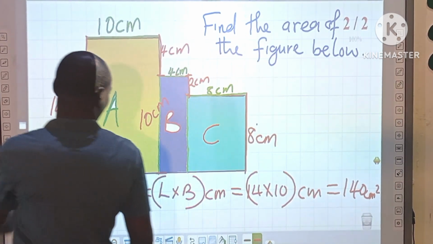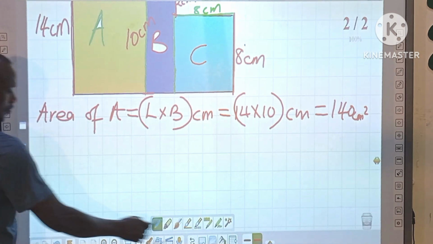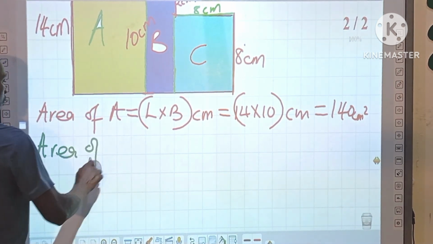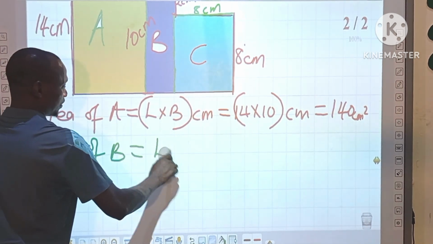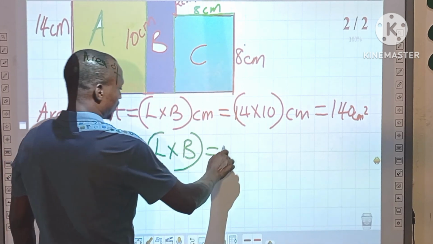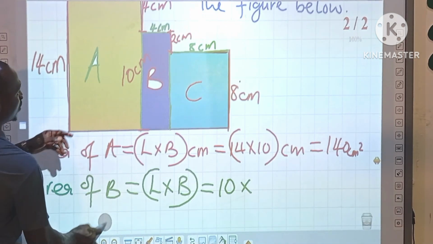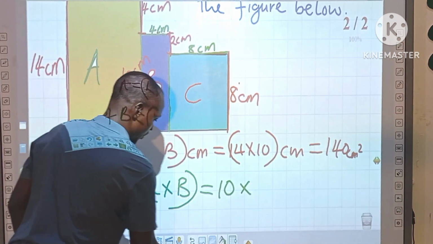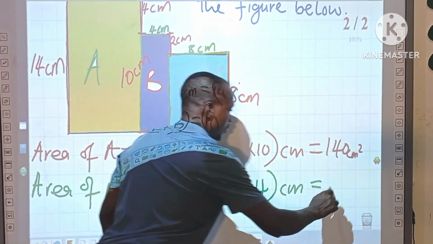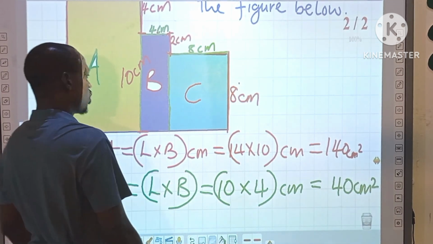So with that, we can calculate the area of B. Area of B will be equal to length times breadth, which is the same thing as 10 times 4 cm, which is equal to 40 centimeter squared.